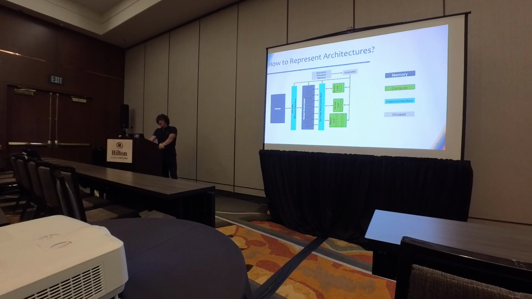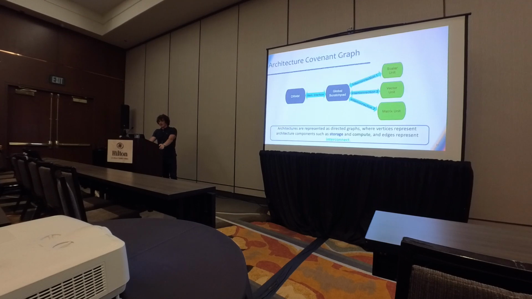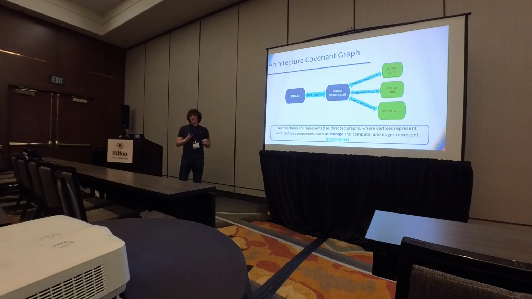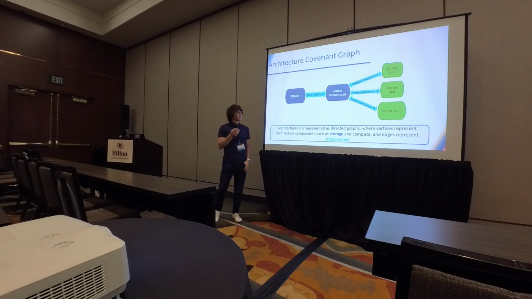When we're doing compilation, some of these things are necessary and some are not. For example, we don't care what that finite state machine controller is doing when we're compiling. But the memories, the interconnects, and the compute units are important because this is the way data is moving and being operated on, and that's what our programs do.